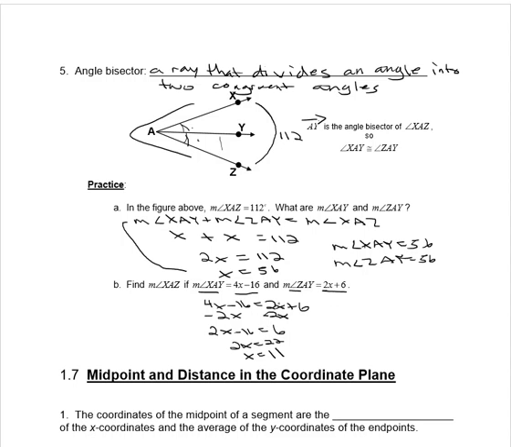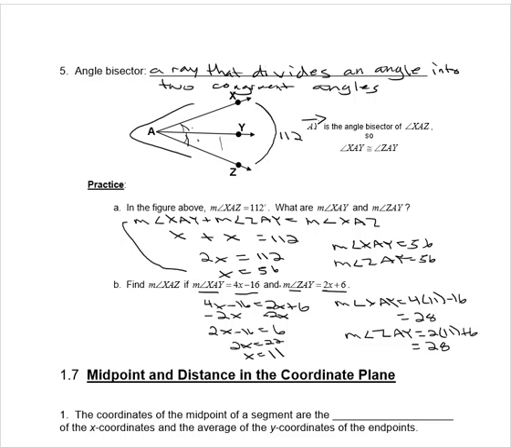Having done that, I'm going to plug it into XAY. The measure of angle XAY is 4 times 11 minus 16. 44 minus 16 is 28, which means the measure of ZAY also should be 28. Let's make sure that's true: 2 times 11 plus 6. 2 times 11 is 22, and 22 plus 6 is 28.